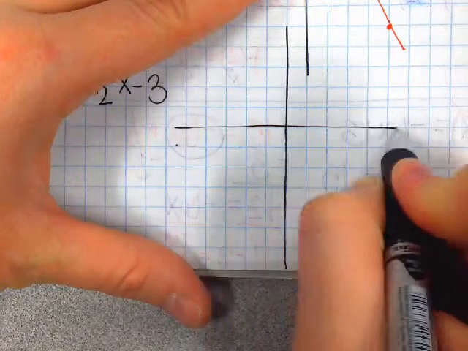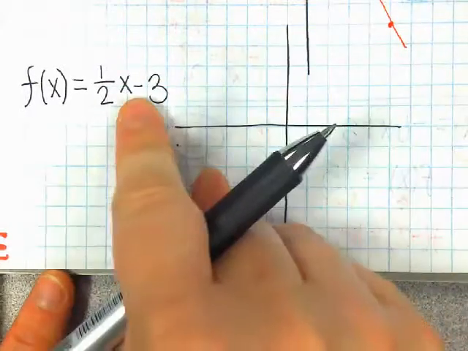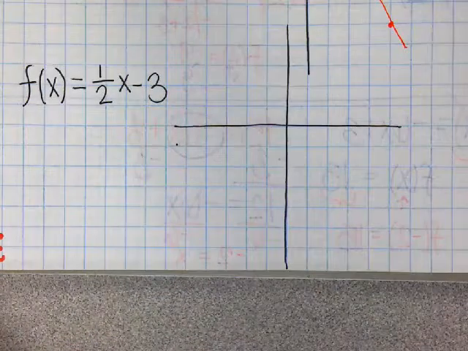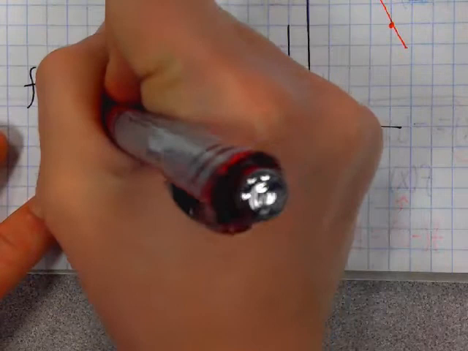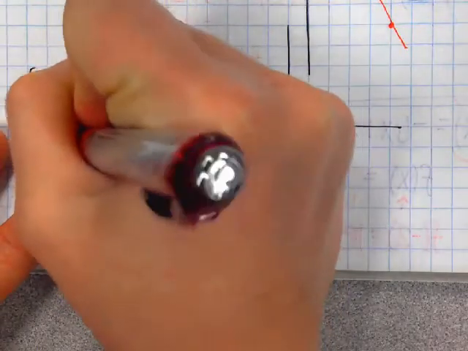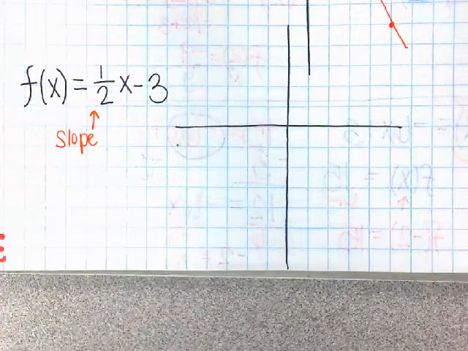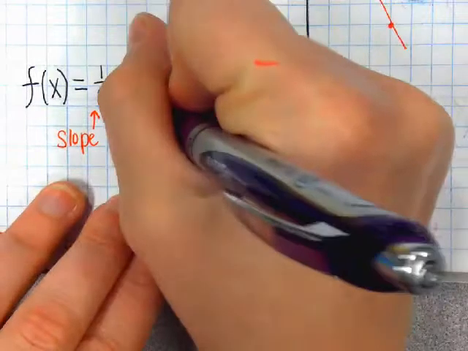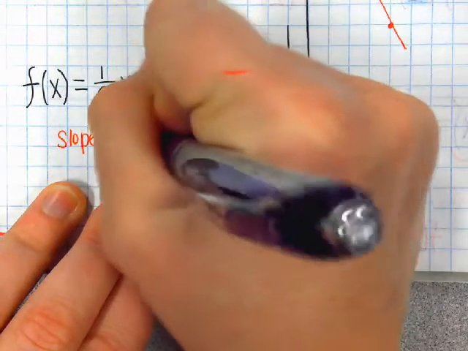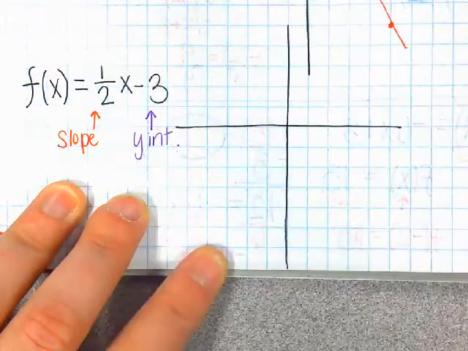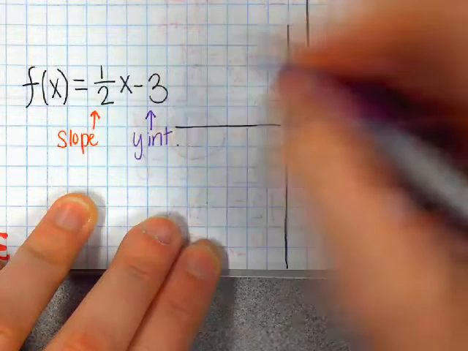Let's go right there, just because I know that my y-intercept is -3. So again, the slope is 1/2, and the y-intercept is -3 on this one.